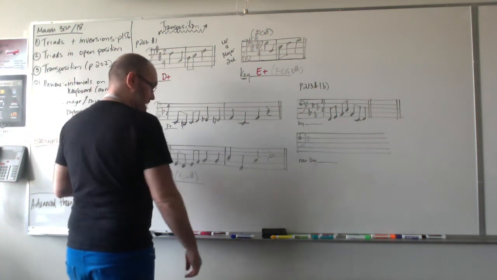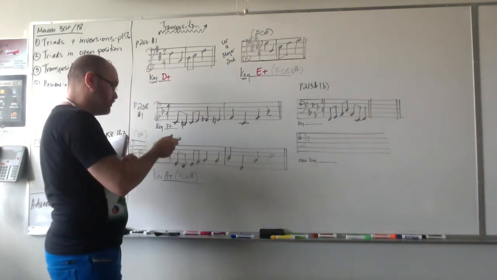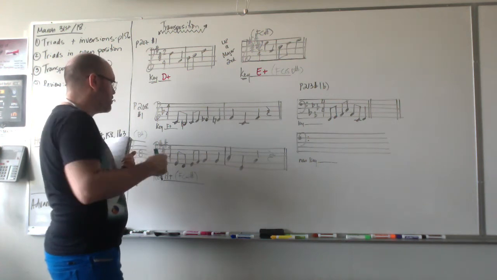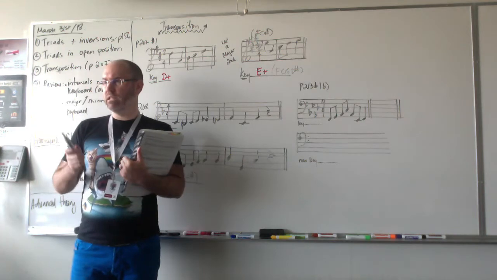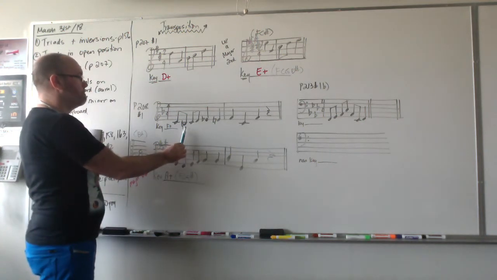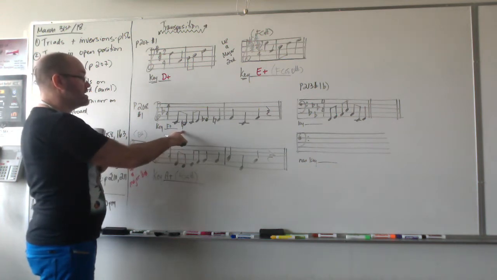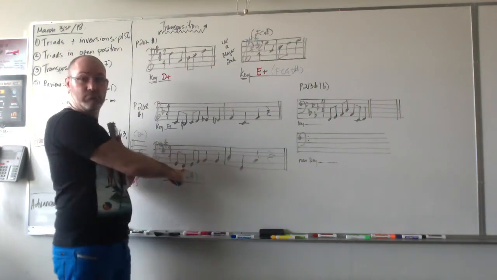So, here's where things get a little loopy. You just got to bring your critical brain to the table. So, let's go to the very first accidental. It's right here, right? So what kind of accidental is this? A natural. So do we just put a natural on this?